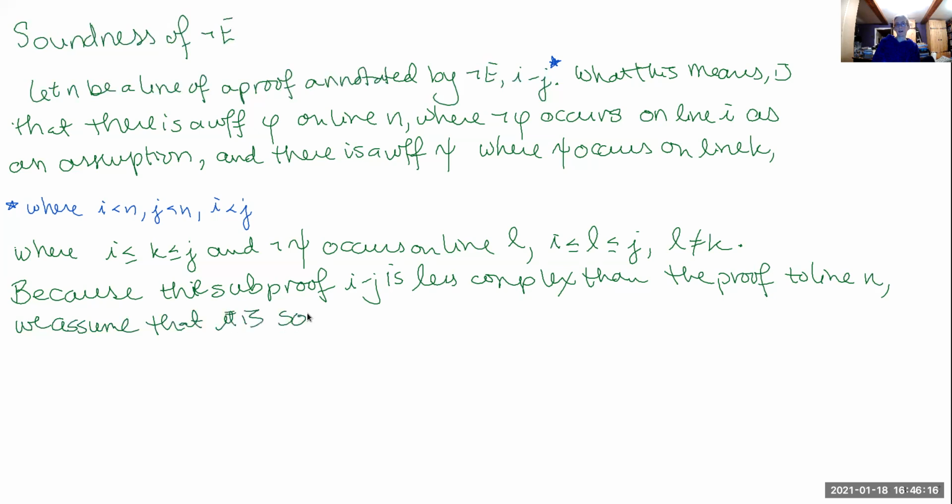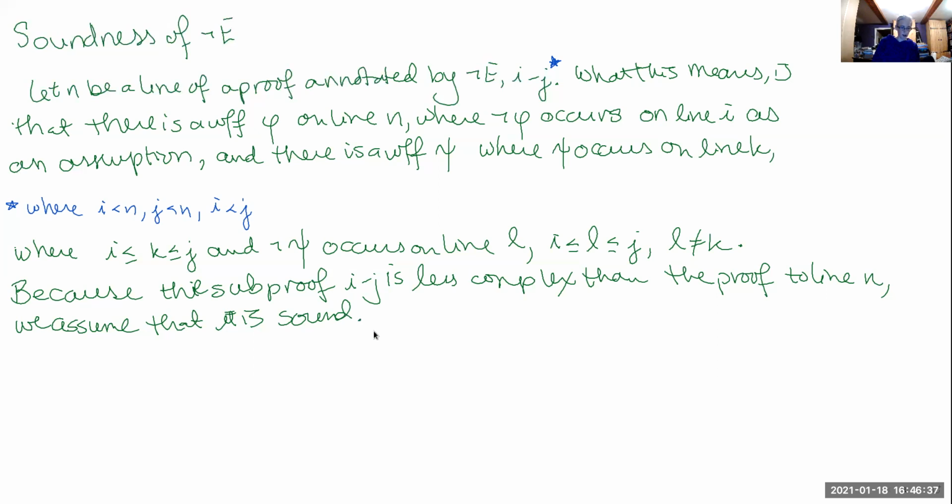Because if it isn't, well, then we should be looking at the subproof to figure out what the problem was in there. And so, we would eventually get back to some starting point where we can be sure that everything that we've applied so far is legit. So we're just going to assume that we've already shown that for the subproof.